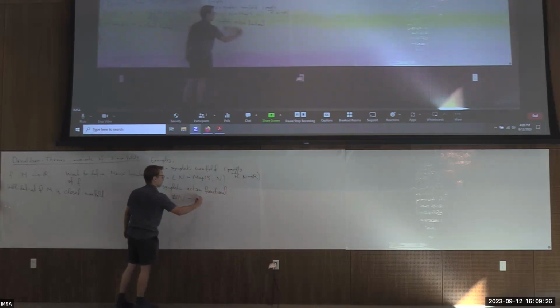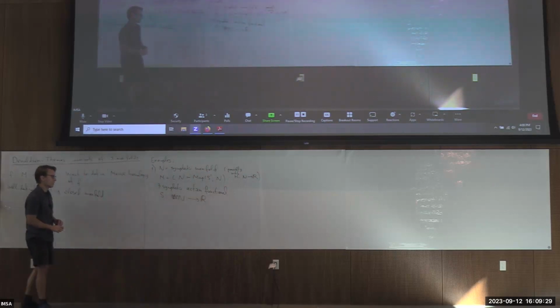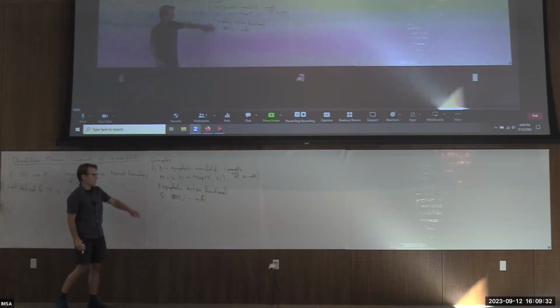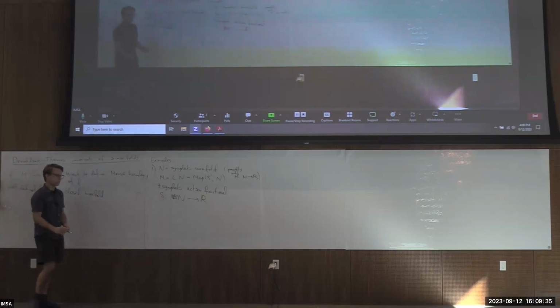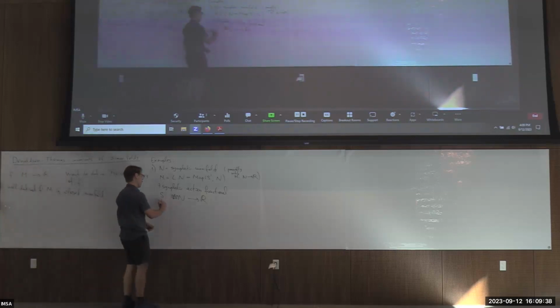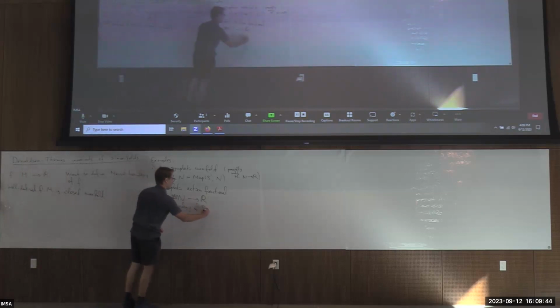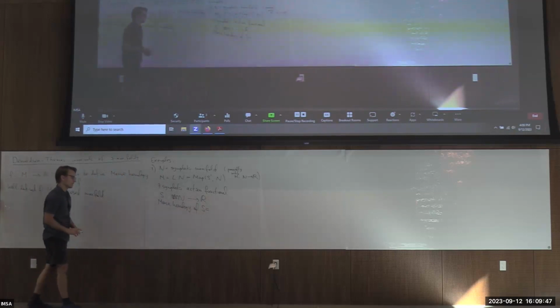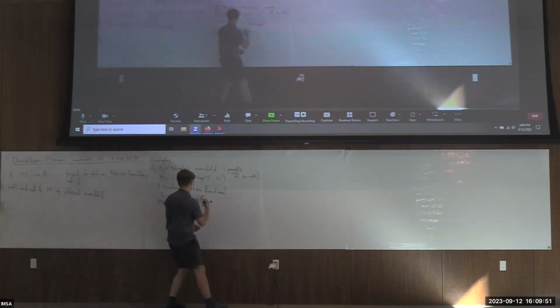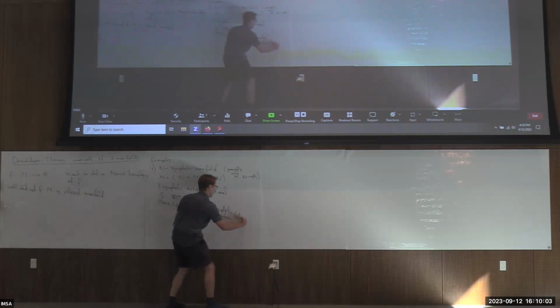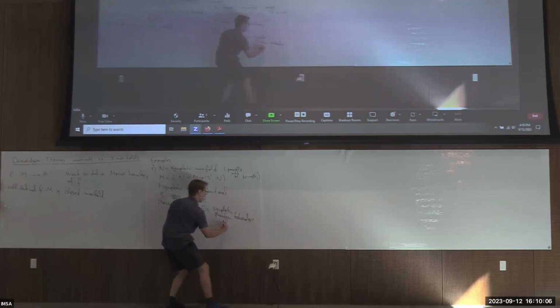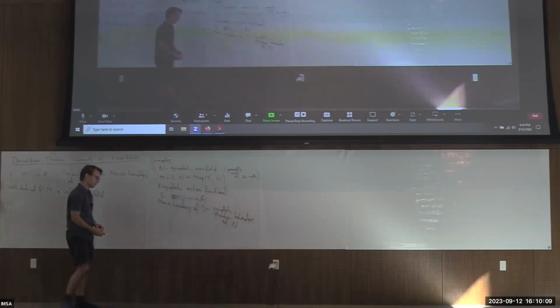And the Morse homology of the symplectic action functional, if you interpret it suitably, is either symplectic homology or quantum homology, depending on the precise setting, of this symplectic manifold.